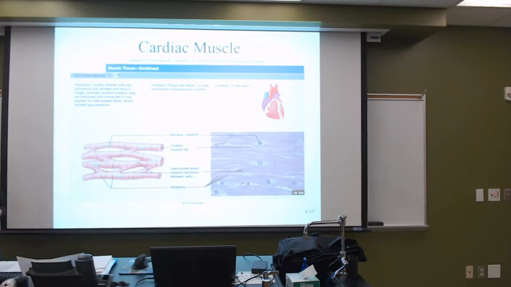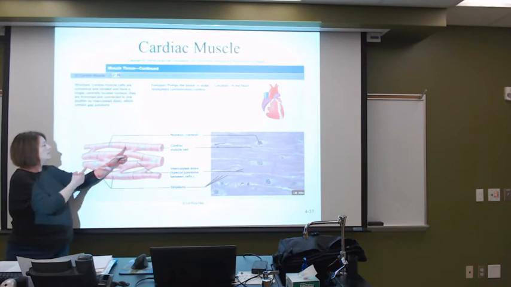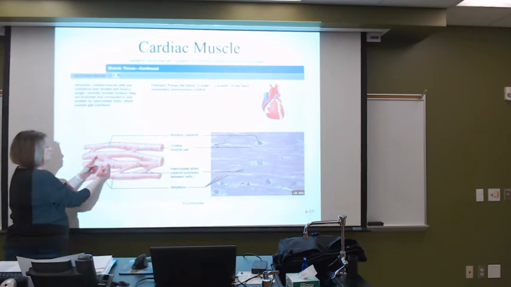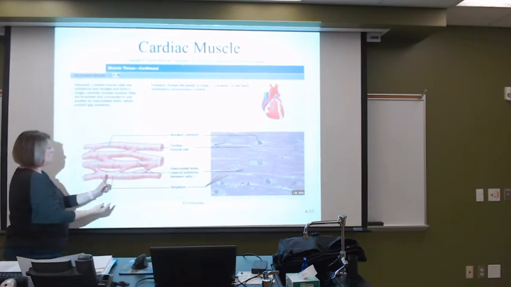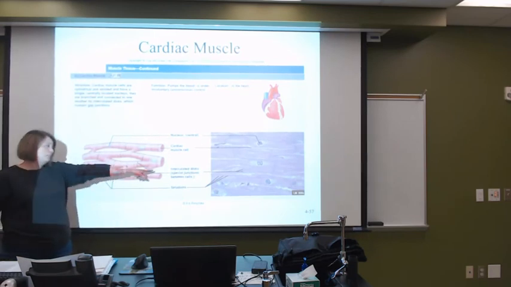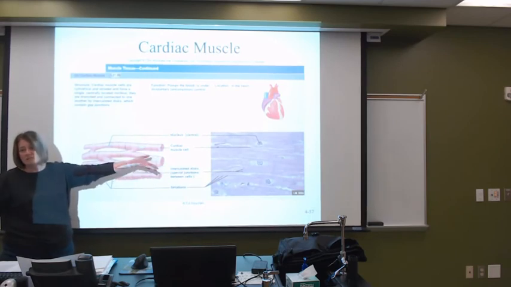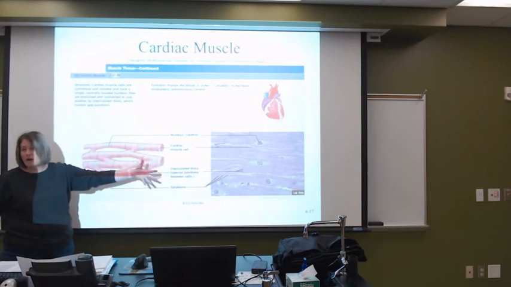Now, cardiac muscle, when you first look at it, looks similar to skeletal muscle, and the difference is that this time you will have one cell, one cell, one cell, because of the intercalated discs. She pronounced them intercalated; I've always heard intercalated, but, you know, tomato, tomato.